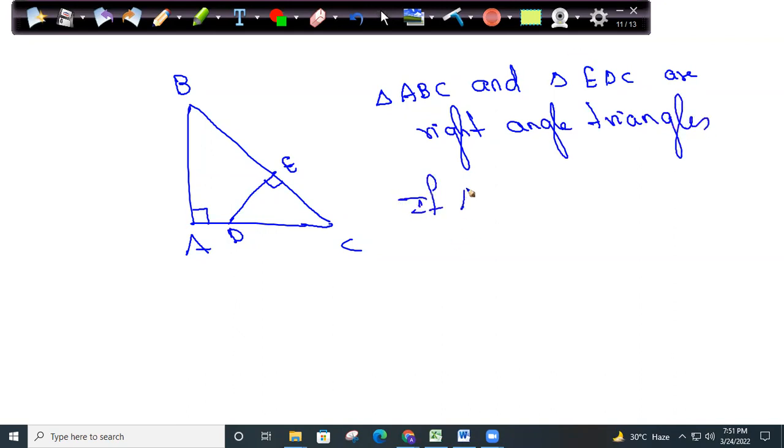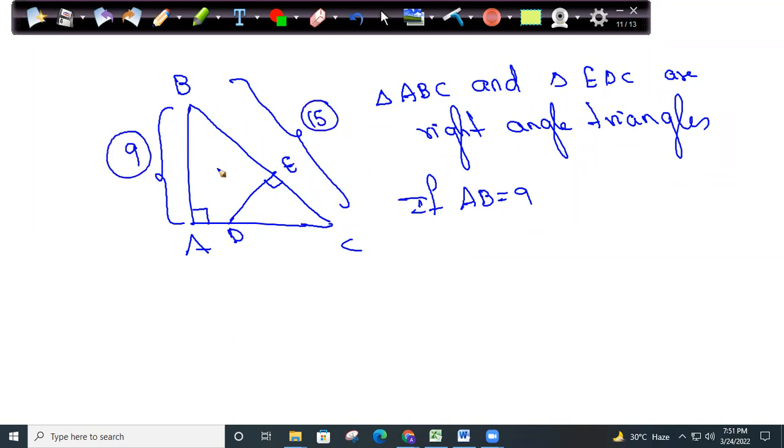If AB is equal to 9, BC is equal to 15, and ED is equal to 4 root 3, then what is the value of DC? DC is equal to how much? Fatafat. Try to solve and give me your answer. Everyone, if not, I'll explain it to you, but I want you to give me the answer. This is the information that is given in the exam. Then what should be the value of DC is the question. Let me see how you answer this.